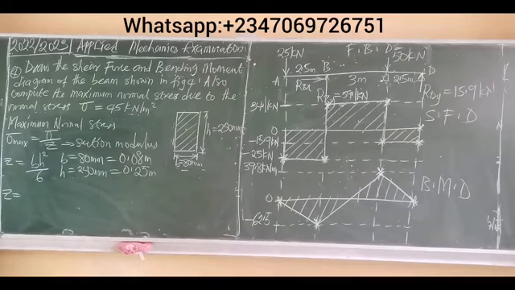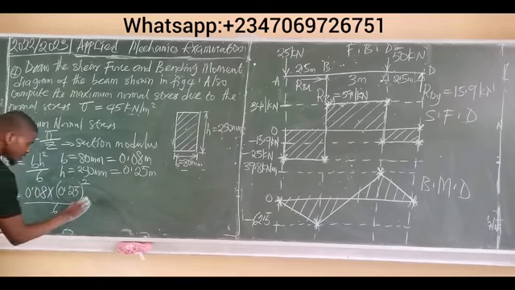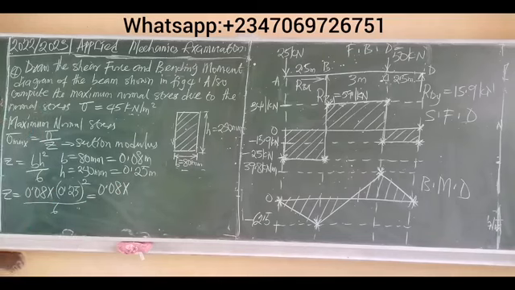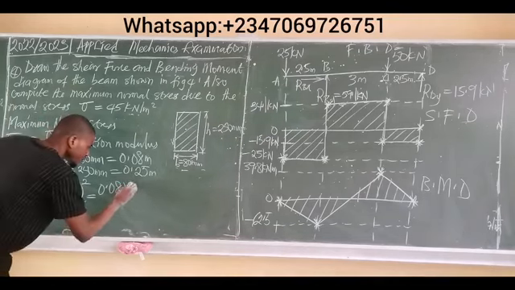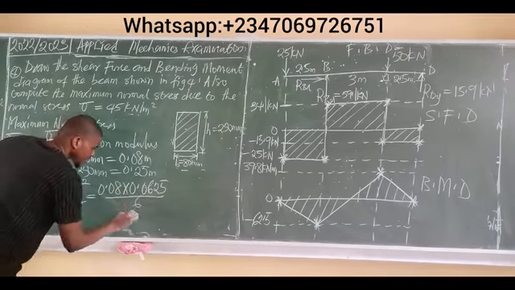Having found this, the section modulus Z is equal to B times H squared, and B is equal to 0.08 multiplied by H, which is 0.25, all squared, all over 6. So this is equal to 0.08 times, let's obtain 0.25 all squared. That gives us 0.0625 divided by 6.